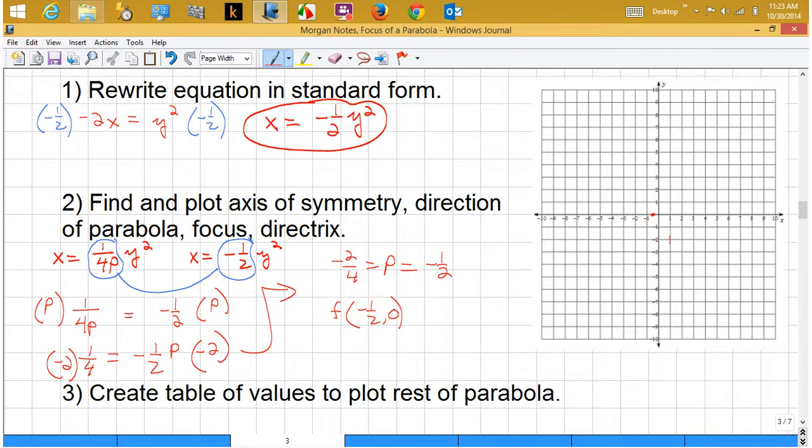And of course my vertex is at (0, 0). The directrix, since the focus is 1/2 to the left, the directrix will be the line 1/2 on the other side, a positive 1/2. So this directrix would have the equation x equal to 1/2.